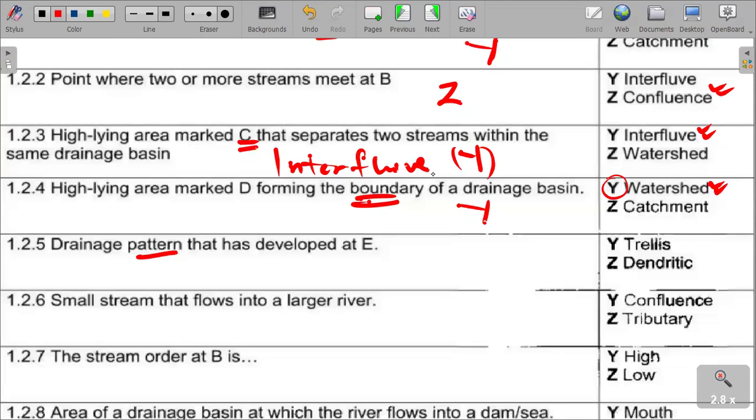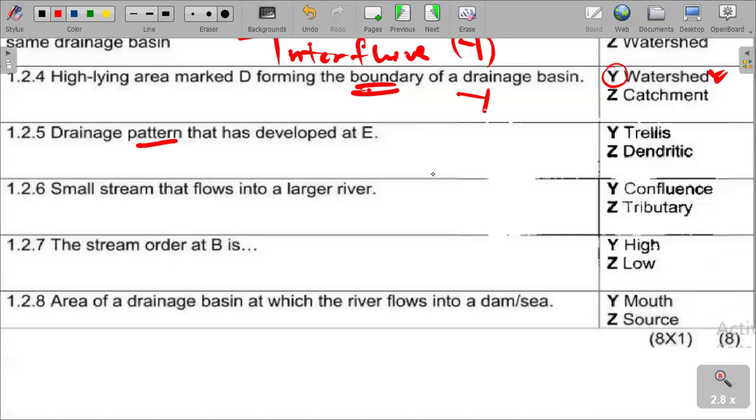It is called a dendritic drainage pattern, which is Z. A small stream flows into a larger river. It is a tributary. A tributary is a small stream that flows into the main stream or the main river.